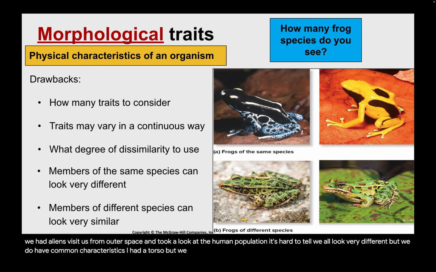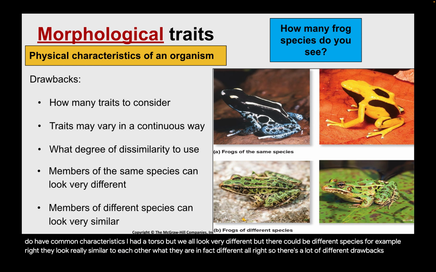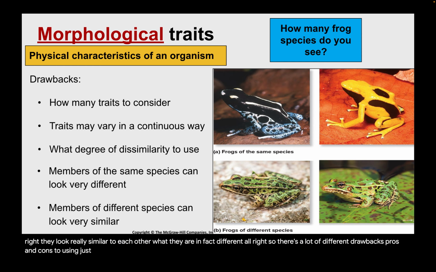But we all look very different. But there can be different species that look really similar to each other, right? Take these frogs, for example, right? They look really similar to each other, but they are in fact different, right? So there's a lot of different drawbacks, pros and cons to using just morphological features to determine if they are different species or not.